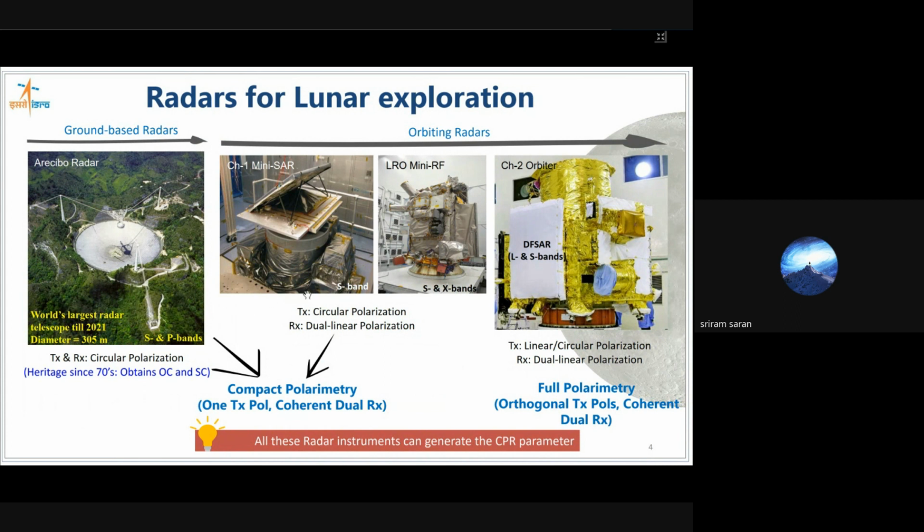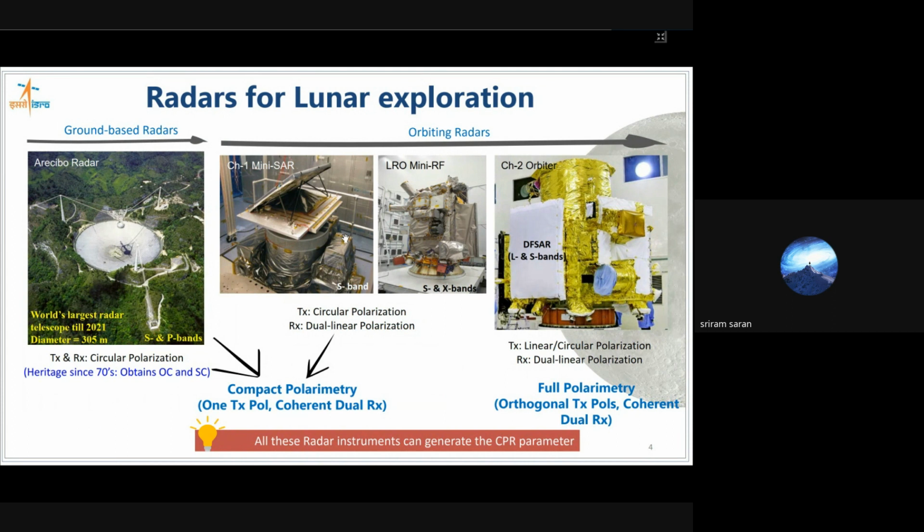So the first orbital radars for the moon are the MINISAR and the MINI-RF, flown on Chandrayaan 1 and LRO missions respectively. So what they do is they typically transmit circular polarization, but they receive in linear polarization.